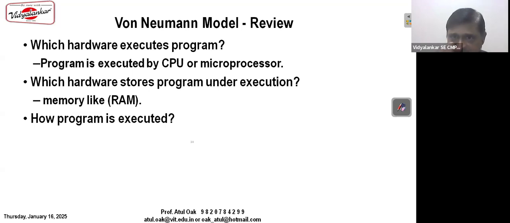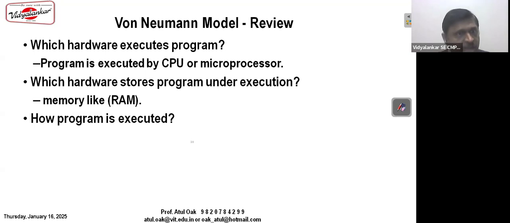Now this is a little critical. The reason is, if you are good listeners, when I discussed the memory model, I clearly said your program is executed by the microprocessor. And during execution, your program is stored in RAM. That means the hardware which runs your program cannot store the program, and the hardware which stores the program cannot execute the program.